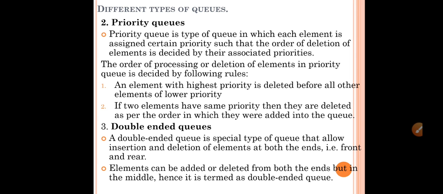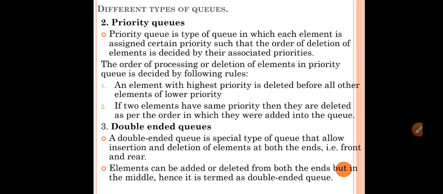An element with the highest priority is deleted before all other elements of lower priority. Okay, if two elements have the same priority, then they are deleted as per the order in which they were added into the queue. Okay, so in a priority queue, each element is given a certain priority, and depending on the priorities, we have to do the operations on those elements.